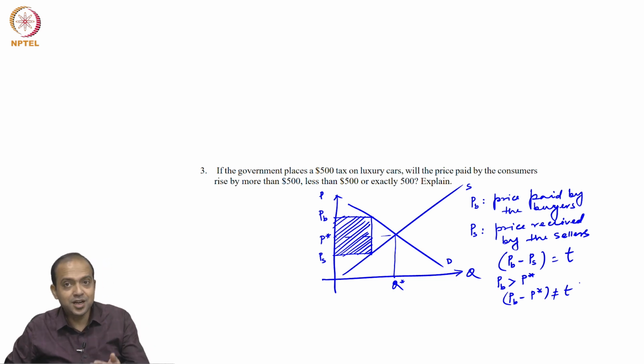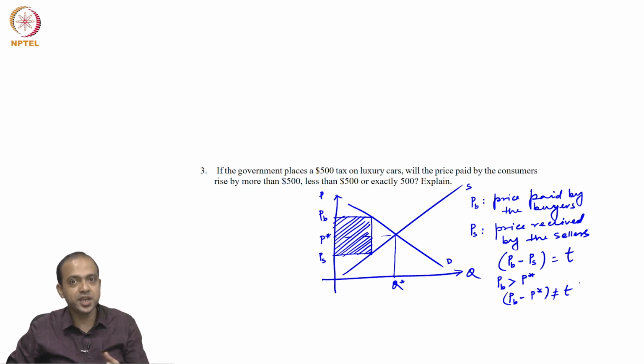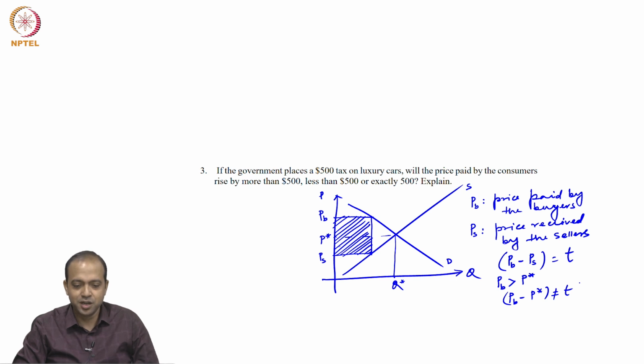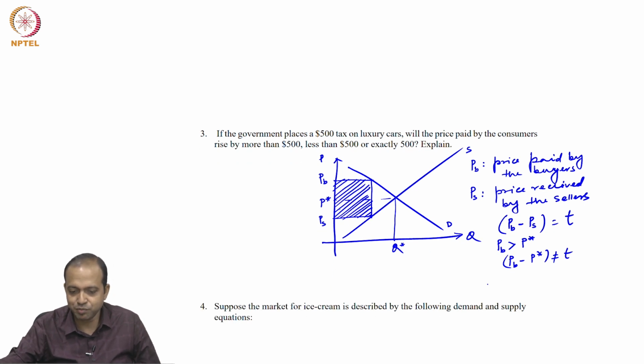So, sellers also do share a portion of the tax burden, because earlier the sellers were receiving P star, now they are receiving PS, which is lower than P star.